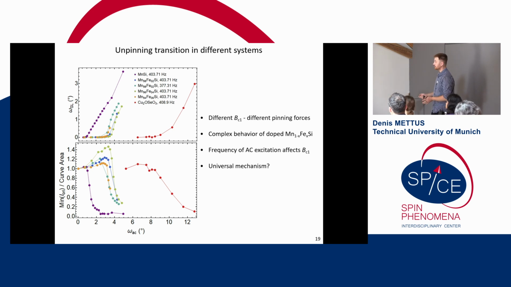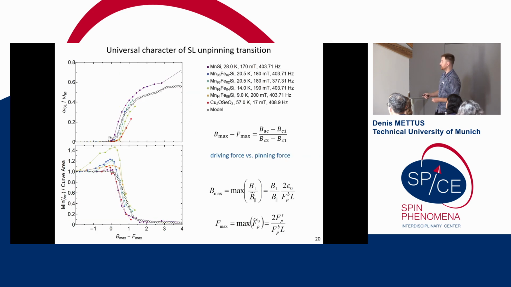What we wanted to claim here is that, looking at the curves, and if you forget the fact that there are quirks of the doping system, the overall mechanism of skyrmion unpinning looks like a universal mechanism. So what we tried to do is to fit all the curves on top of each other using some scaling parameters. So Bmax minus Fmax is the competition of the driving force minus the pinning force.